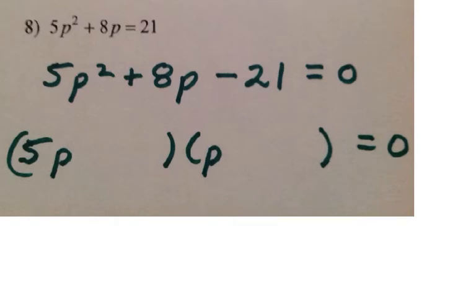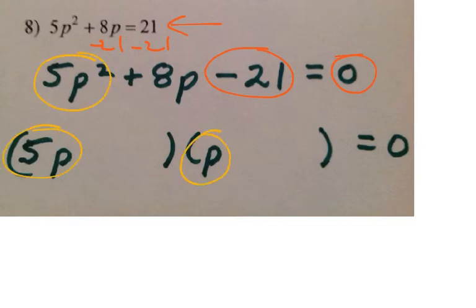Okay, let's do at least one more, number 8 here. And the key thing right here is I got to make sure it equals 0. That's why I actually minus 21 both sides. And there's my minus 21. There equals 0, right? So now it's just a matter of factoring it. So 5p squared I know is 5p times p.